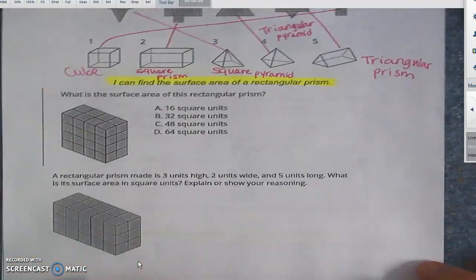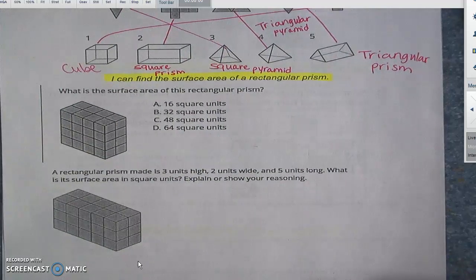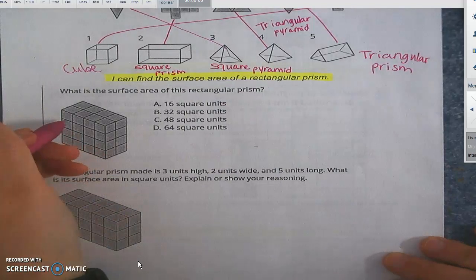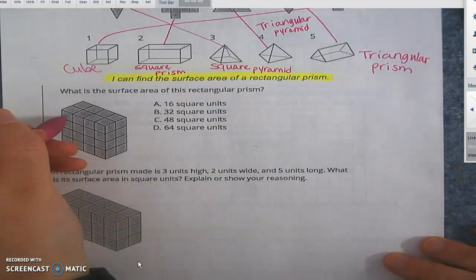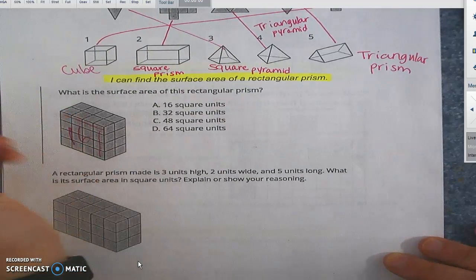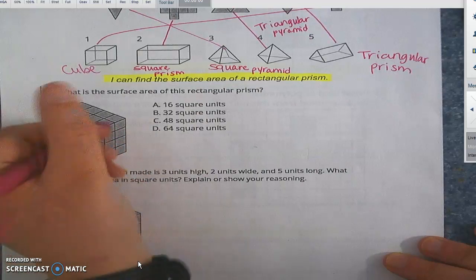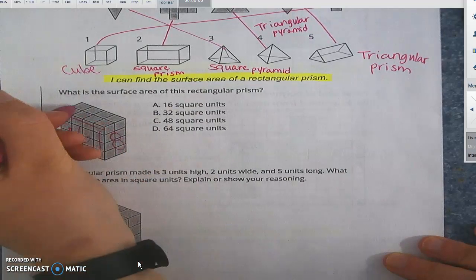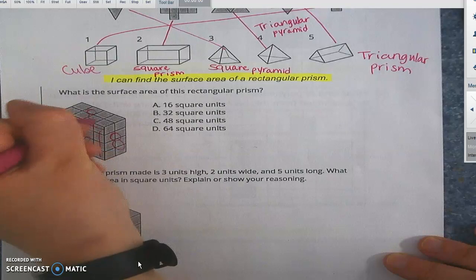All right, I can find the surface area of a rectangular prism. What is the surface area of this rectangular prism? This side, which I'm going to call the front, is 4 by 4, so this is 16. This is 2 by 4, so this is 8. And this is 4 by 2, so this is 8.